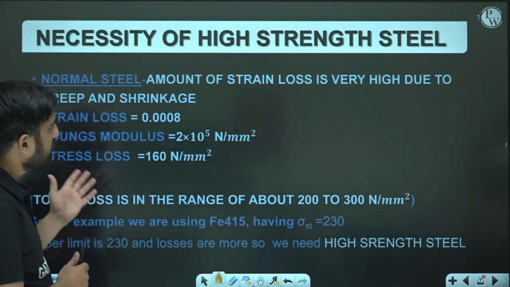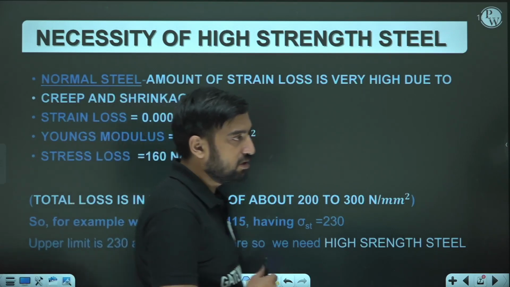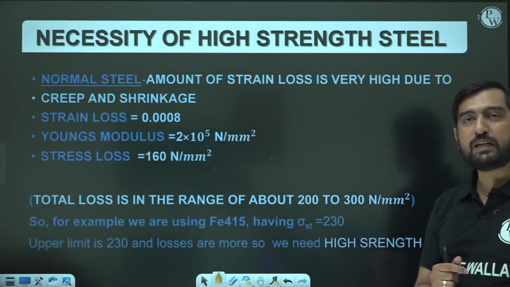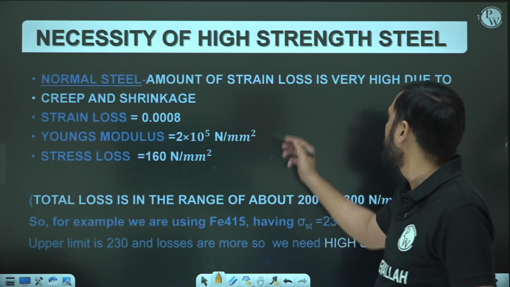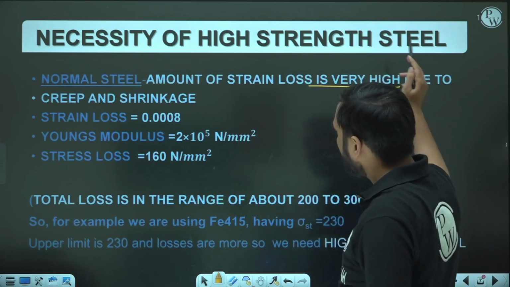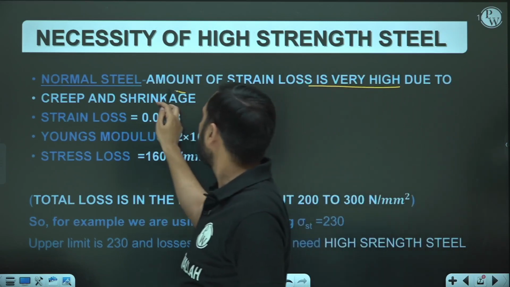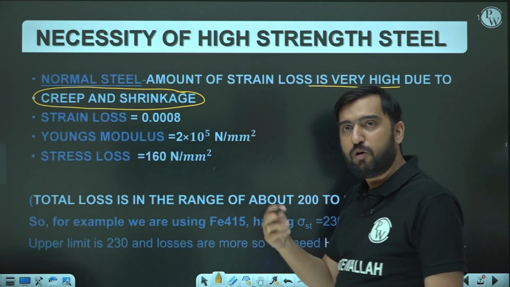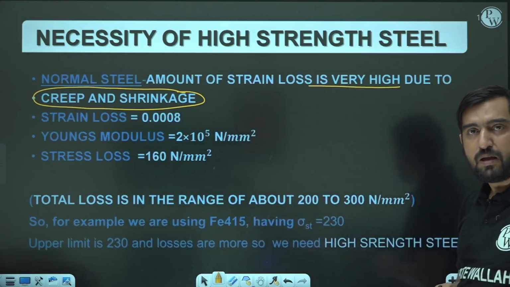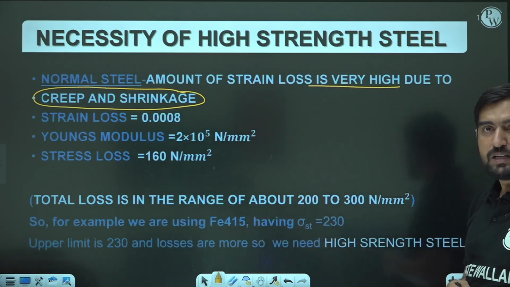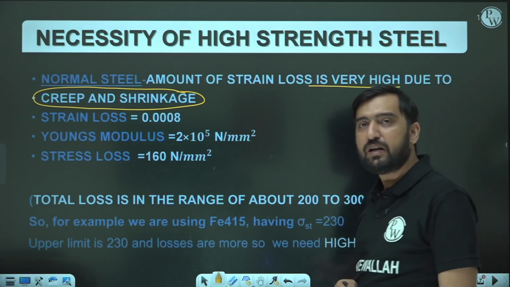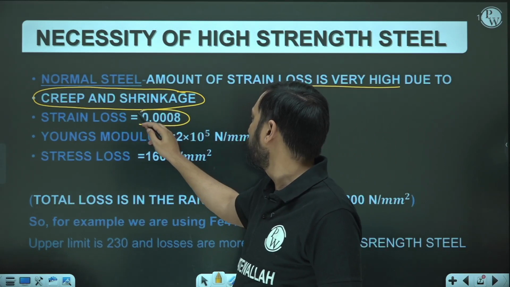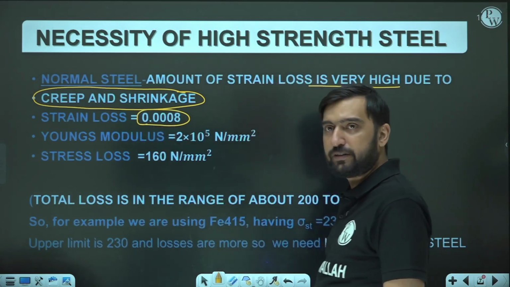Normally this pre-stressed concrete section goes through various losses, and if we are calculating the amount of strain loss, that itself is very high only due to creep and shrinkage. Apart from creep and shrinkage there are more reasons, but only due to creep and shrinkage it has been observed practically that there is a strain loss of 0.08% or 0.0008.